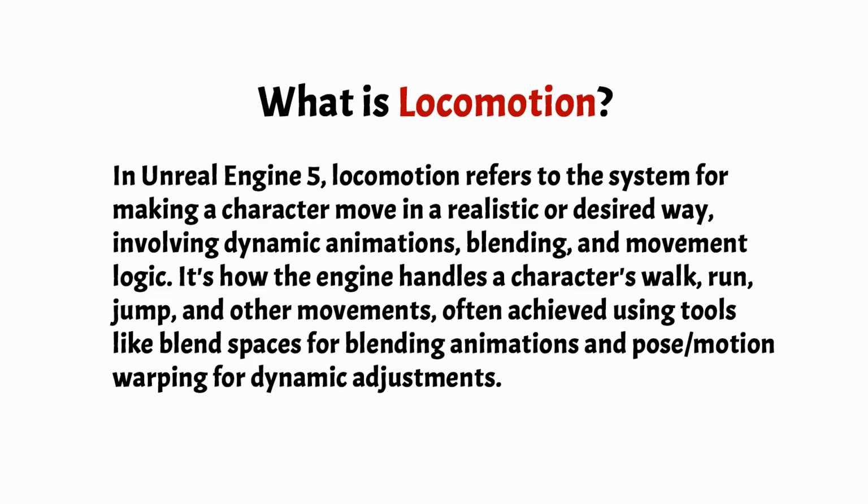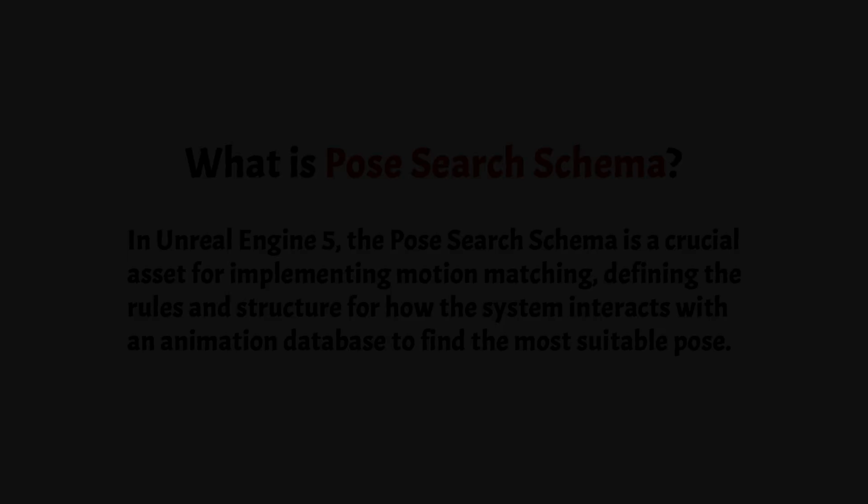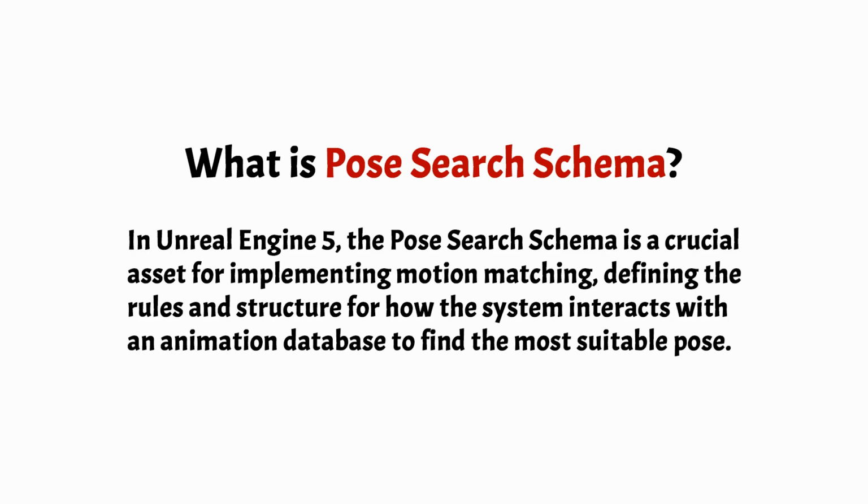Also, there is something called pose search schema, which is very crucial here for motion matching. So it is actually defining the rules and structure for how the system interacts with the animation database to find the most suitable pose. So the pose database will be stored in the Unreal Engine, and we are going to create the database. We will see how to.